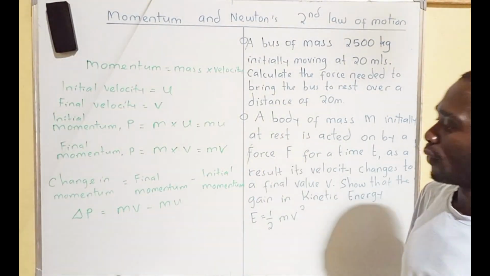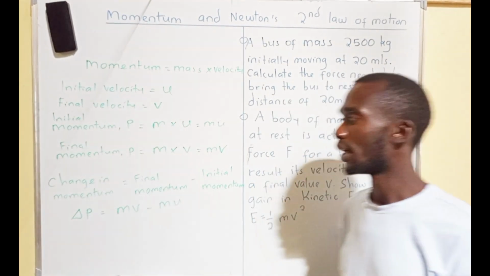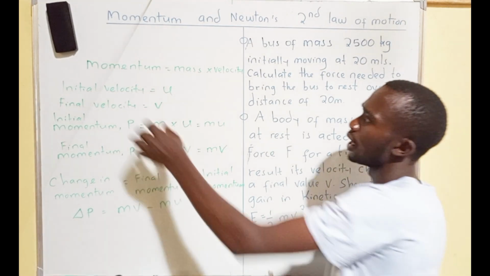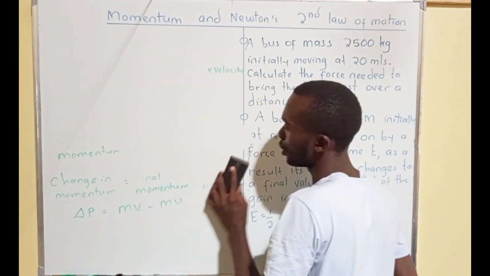Now, without wasting time, let me talk about Newton's second law of motion. Newton came up with three laws of motion: the first law, the second law, and the third law.